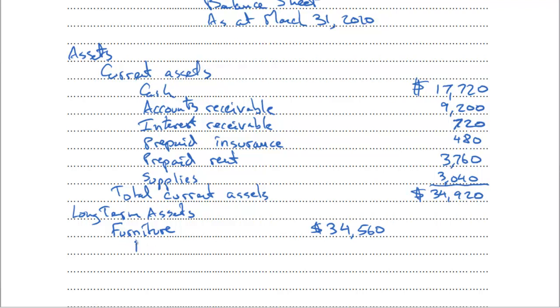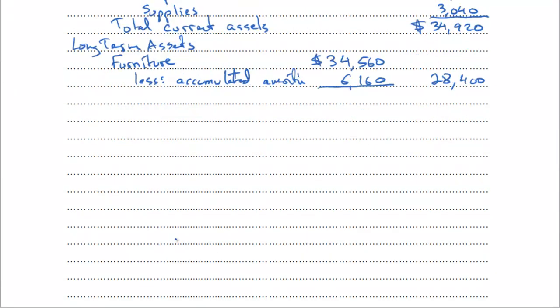34,560 less accumulated amortization, 6,160. So that gives us a net furniture, net book value of 28,400. Now we have equipment. No, we don't.